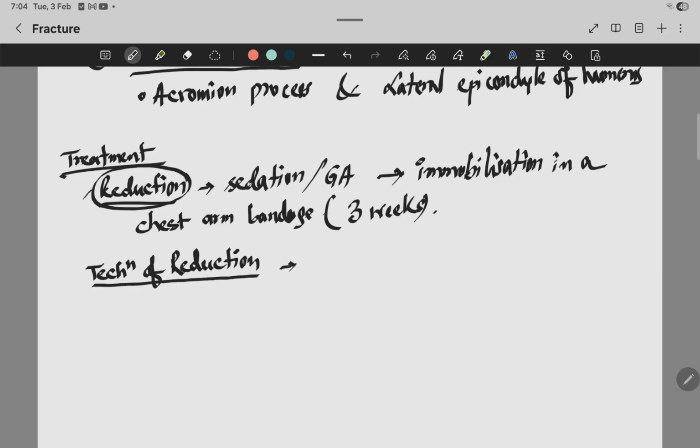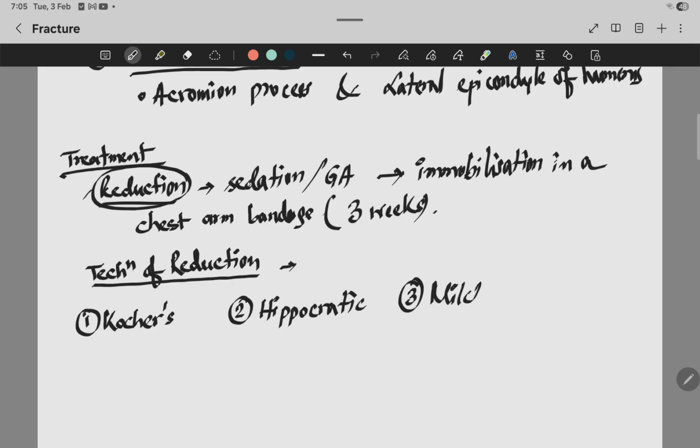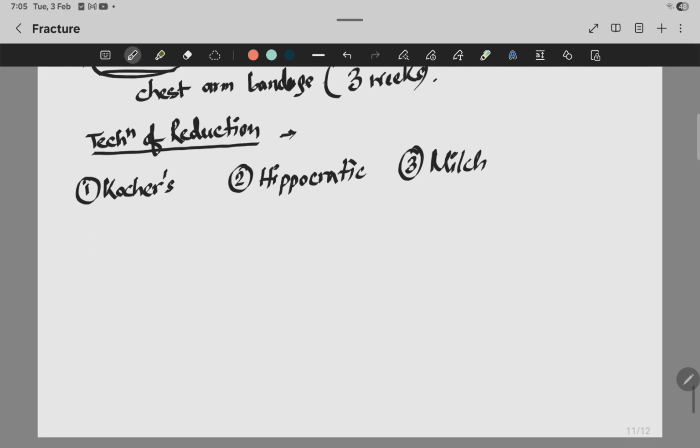There are 3 types of reduction. Number 1 is Kocher's reduction. Number 2, Hippocratic reduction. Number 3, Milch reduction.